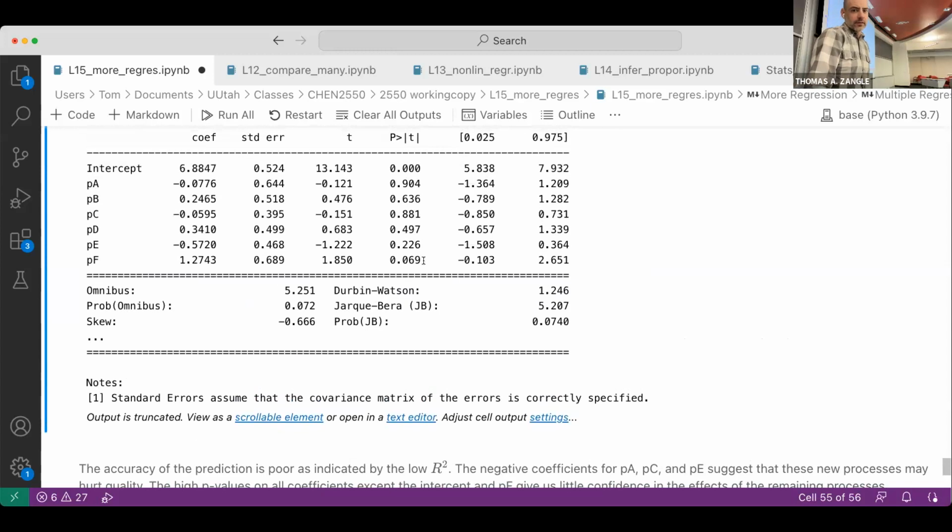But if we were to look at this, we would see that one standout is process F. This still doesn't meet that 0.05 level of significance that we would ordinarily apply, but nonetheless, it is by far the lowest p-value among those included in what we've observed.